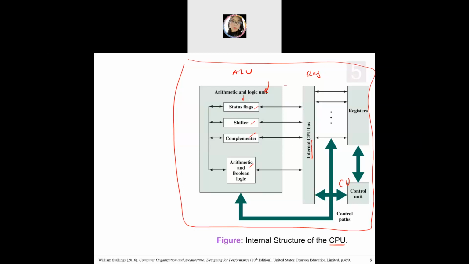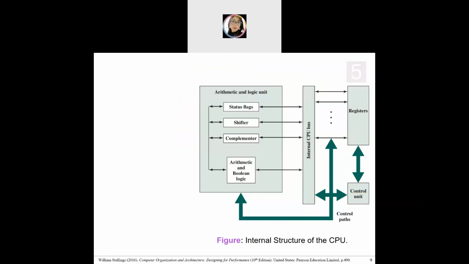When you want the ALU to communicate with the register, and the control unit with others, they have their own system bus, so they can communicate with each other.